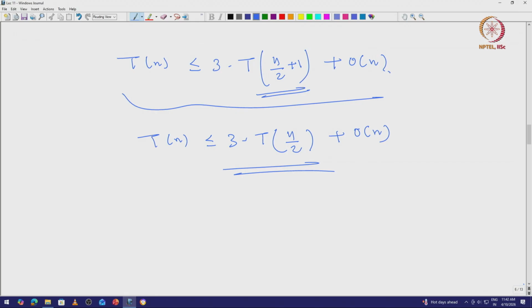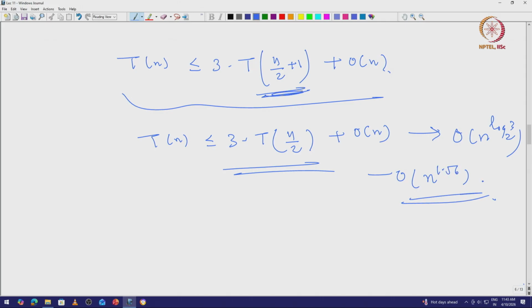How do we handle that? Okay. We have to come up with a different infinite series and handle this. If it is like this, you can write immediately the solution, order of n power log 3 to the base 2, which is order n power 1.56 ish.